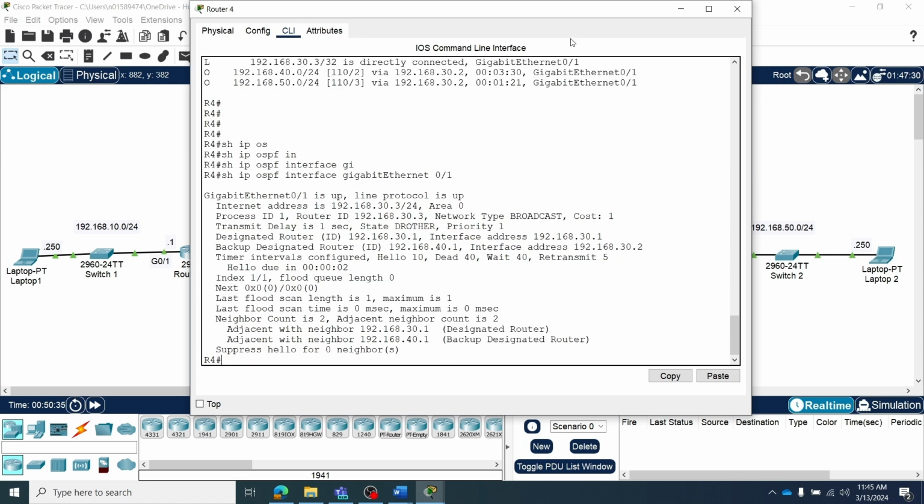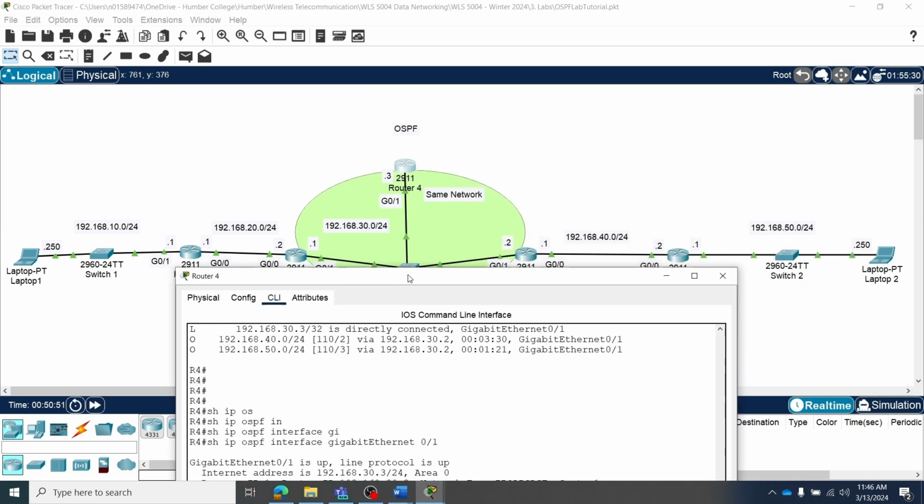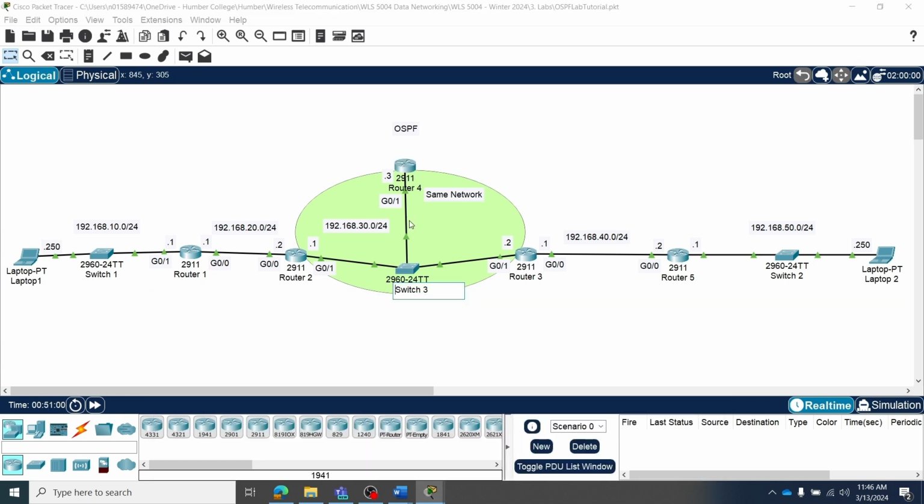So you can see here the designated router is 192.168.30.1 and the backup designated router is 40.1. So this port, this router, is not the designated router or backup designated router.